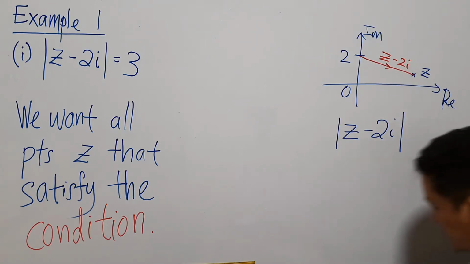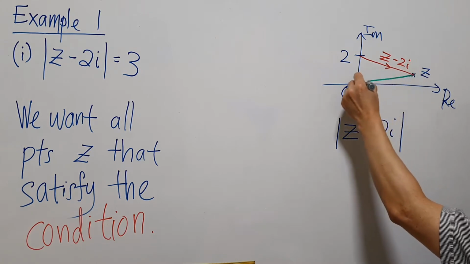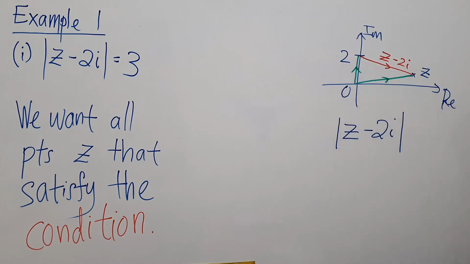You know that in complex numbers, you can have a choice of drawing the z like a vector, and then the 2i also like a vector. So I can represent a complex number, say 2i, like this, like a green dotted line, and the complex number z, any ordinary complex number z, as also a directed line in green color like this. So in the Argand diagram, the complex number z minus 2i actually is this red color complex number.